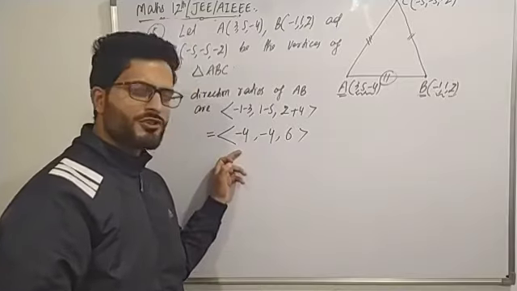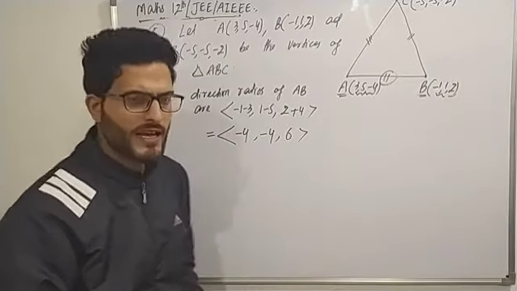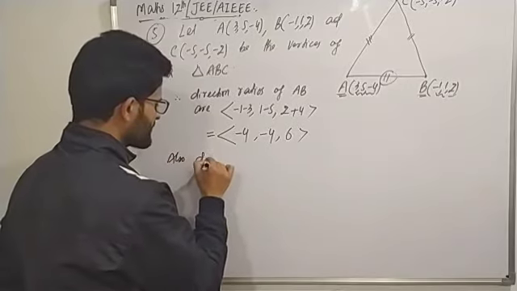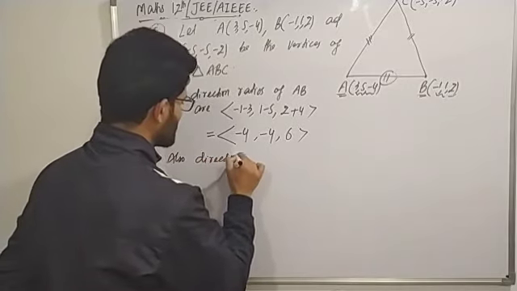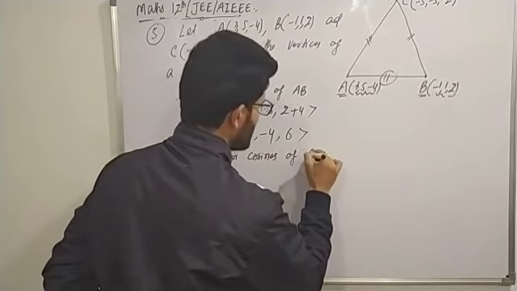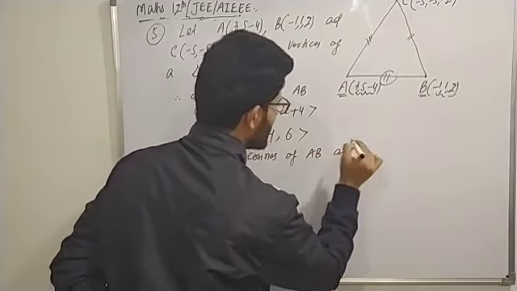And from these direction ratios you can calculate the direction cosines. Also direction cosines of AB are, तो डायरेक्शन कोसाइन क्या रहेंगे?